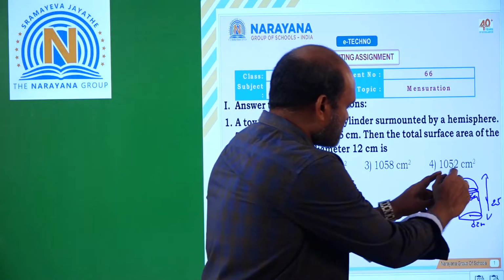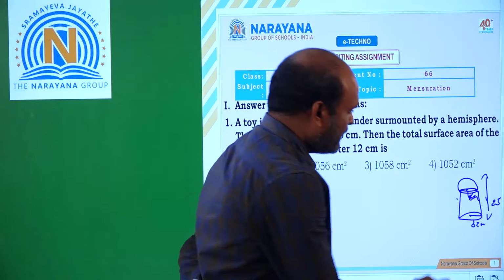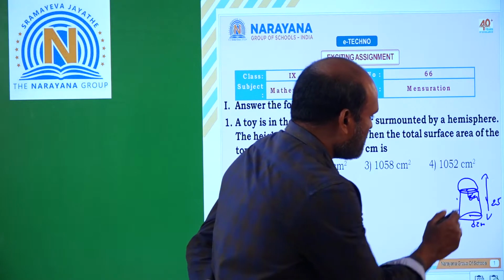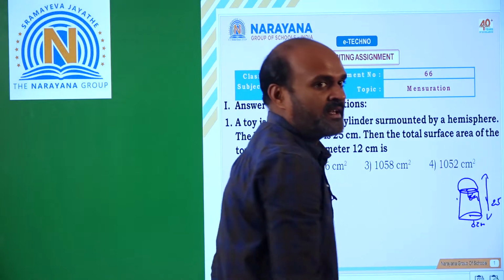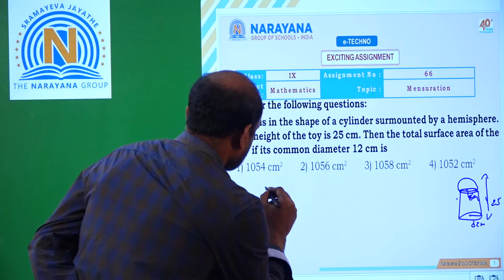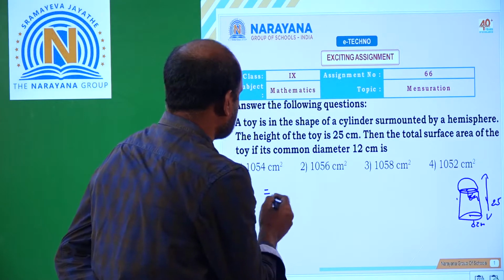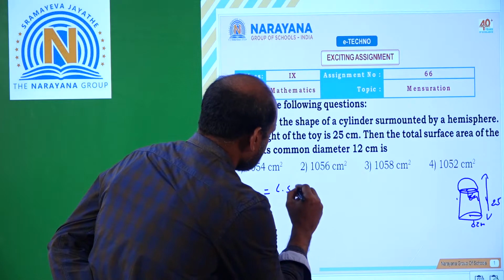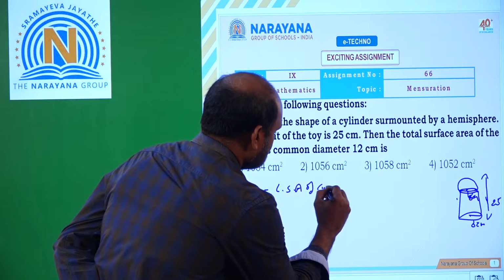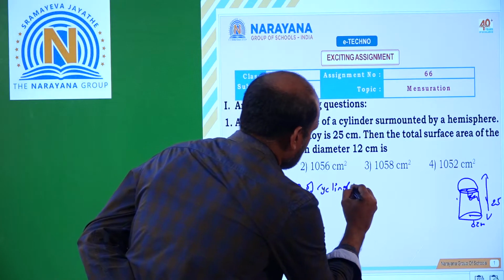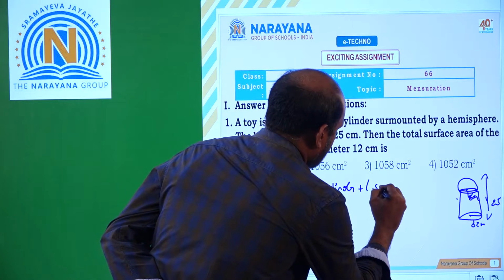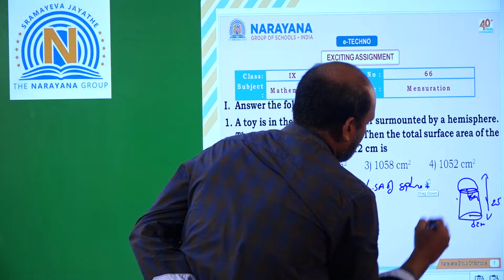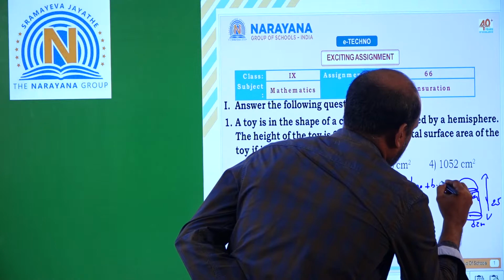Once again, total surface area of this toy is nothing but LSA of cylinder plus base area of cylinder plus LSA of hemisphere.